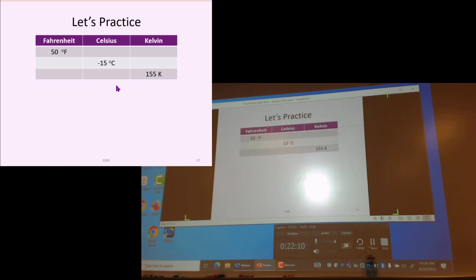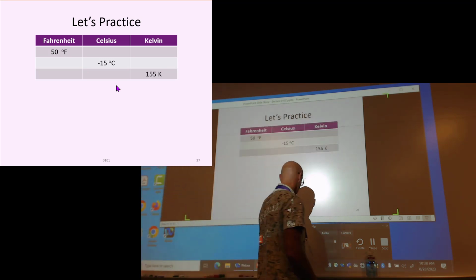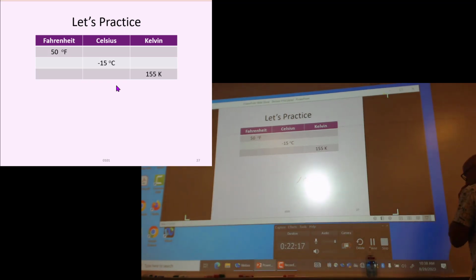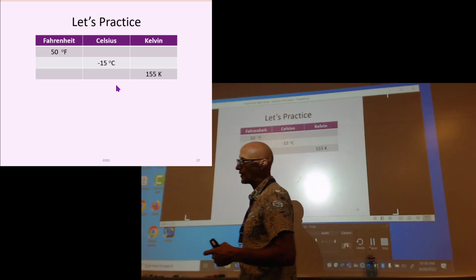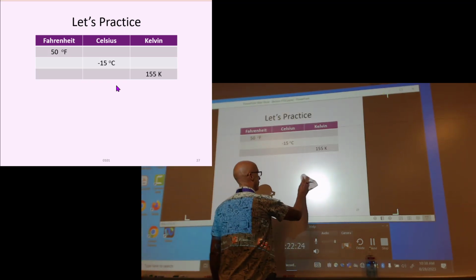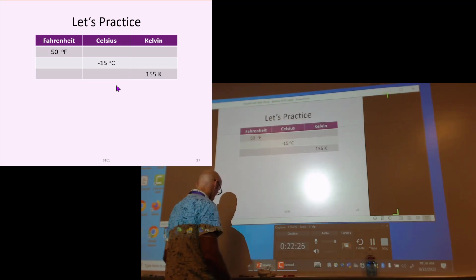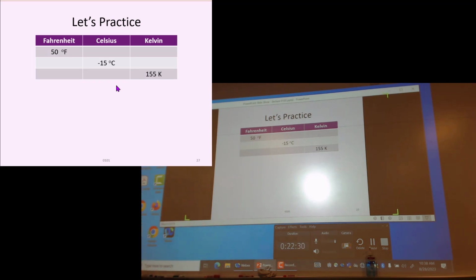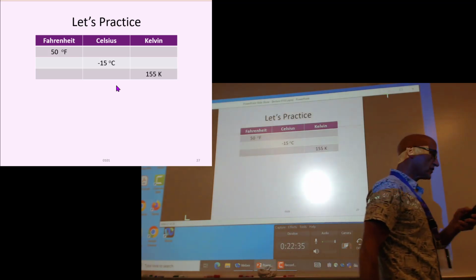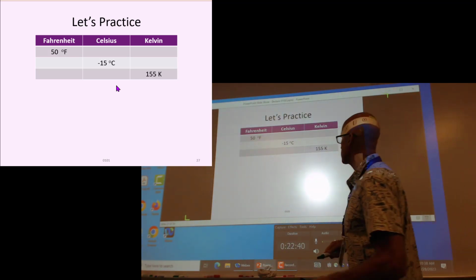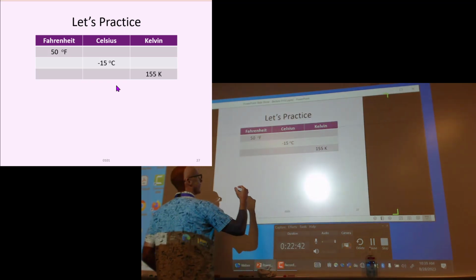There we go. So here we go. We're going to practice, and I'll walk you through. I think most of you are going to be pretty straightforward on this, but the easiest way to do this is to build a grid like this, and then you can fill in all the blanks. If I'm at 50 Fahrenheit and I'm trying to go to Celsius, the first thing I do is get a formula together.